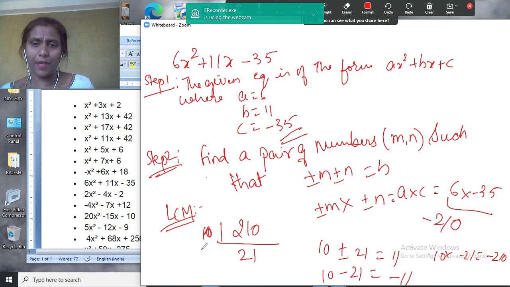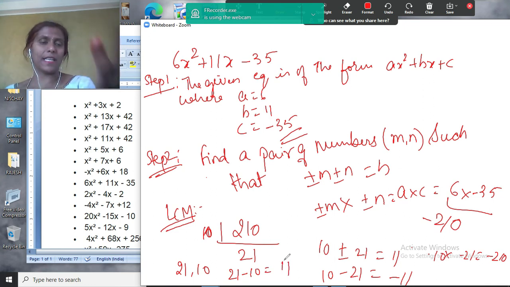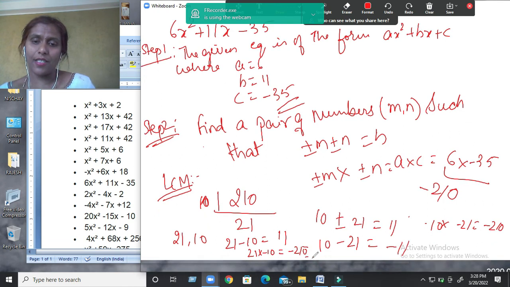Now, can I do one thing? Can I just alter the numbers in such a way? It will be 21 comma 10. So it is 21 minus 10, which is m minus n, which is 11. So plus 11 you got, and 21 into minus 10 is minus 210, which is equal to a into c.